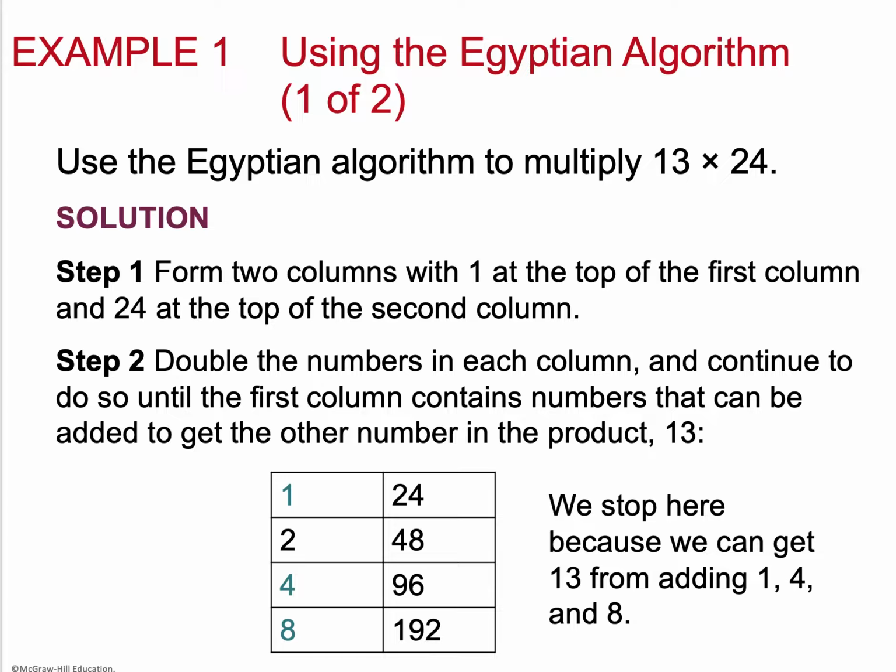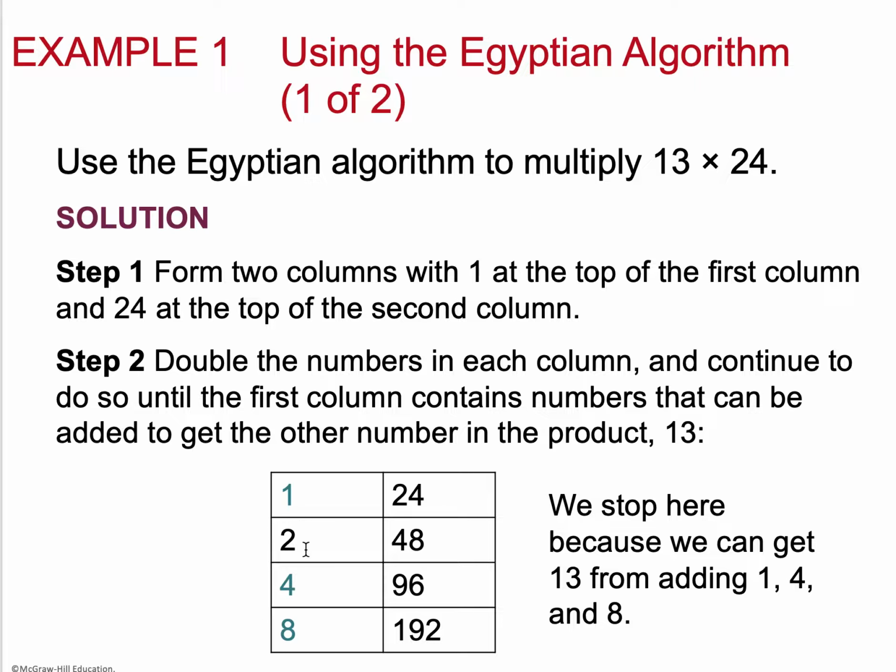So if I'm looking at this to multiply 13 and 24, it's much easier to see how this works with actual numbers. So I put that 1 in the column, and I put 24 in the other column, so that would be my B number. And I'm going to form additional columns that double each time.